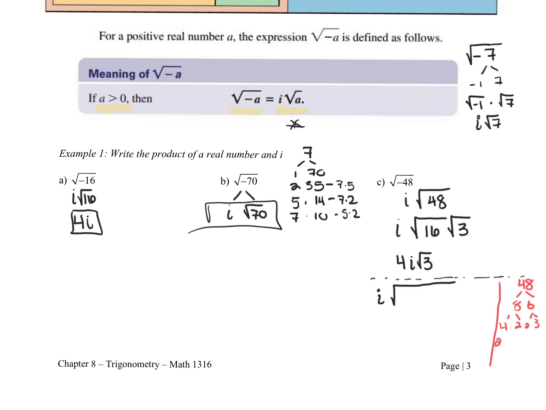And this is 2 times 2 times 2 times 2 times 3. It's the square root, so I have to make pairs. So one blue pair gets to pop out, so 1, 2 pops out. Another pair gets to pop out, so I get another 2. So on the outside I now have a 2 times a 2, which is where my 4 came from. 4i, and then inside that root 3 cannot come out.